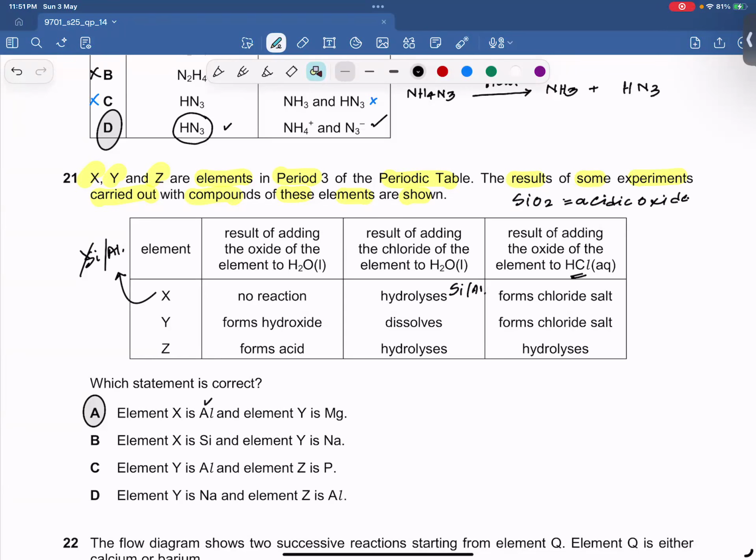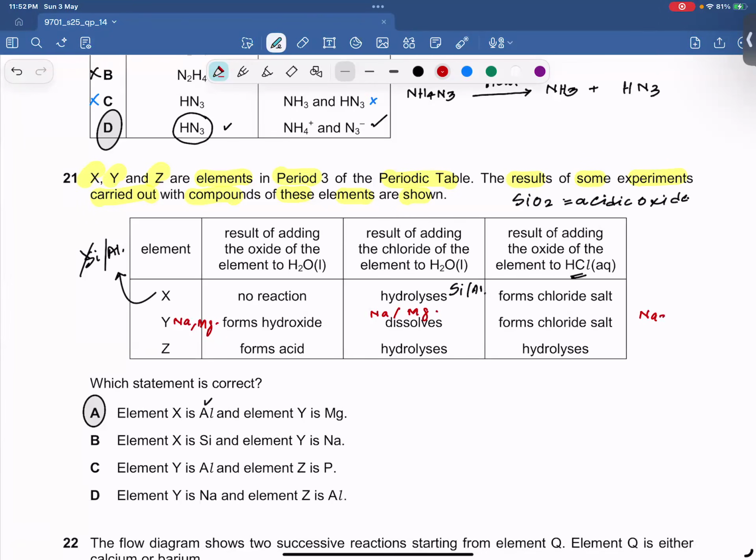चलो Y को भी देख लो. The oxide of Y, when treated with water, forms hydroxide. So it could be sodium or magnesium. The chloride of Y dissolves, so it could be sodium or magnesium. The oxide of Y reacts with HCl.